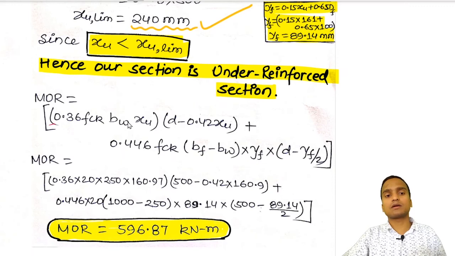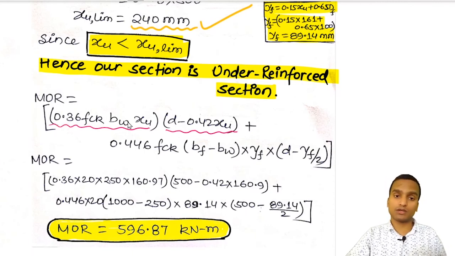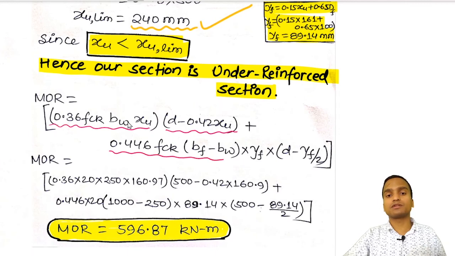In figure 1, the compressive force 0.36 fck bw xu is multiplied by d minus 0.42 xu, and the compressive force in figure 2 is multiplied by the corresponding lever arm in figure 2, d minus yf by 2.